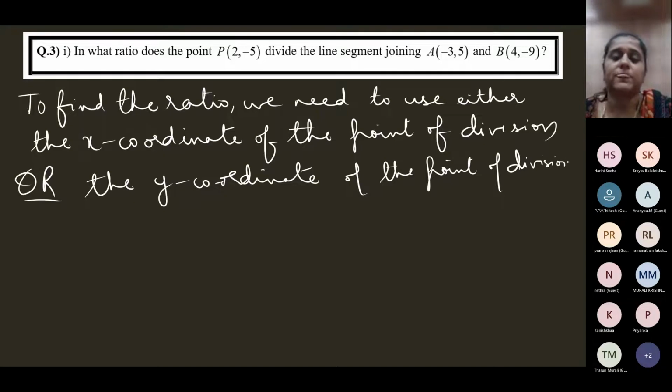Remember this, not anybody's x coordinate, the x coordinate of the point of division, or the y coordinate of the point of division. Please make a note of this.